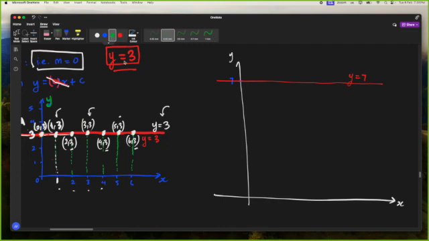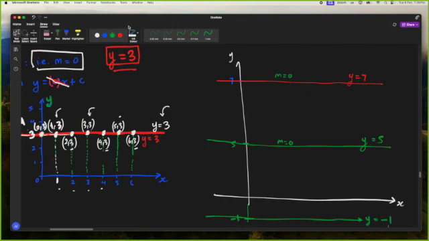Or let me just say we have 5. So the horizontal line passing through here will be the line y is equal to 5. And of course, for both of these, m is 0, which means they are parallel. They have the same m. I could even have a line down here at -1. So I'll have a horizontal line here. This is the line y is equal to -1.